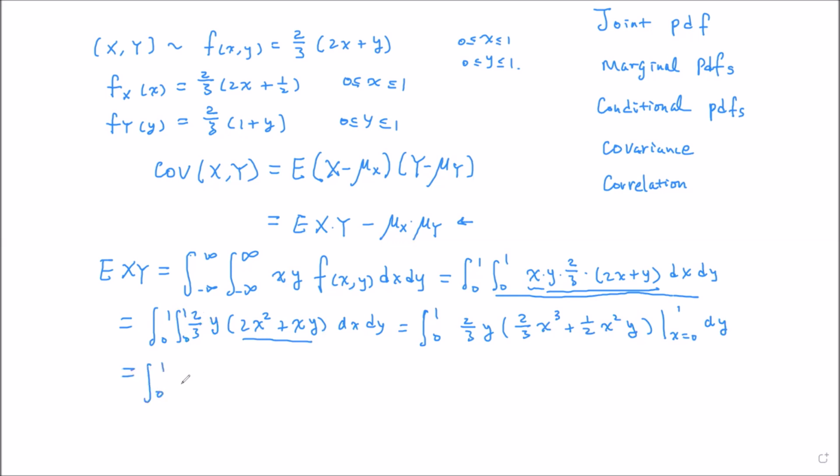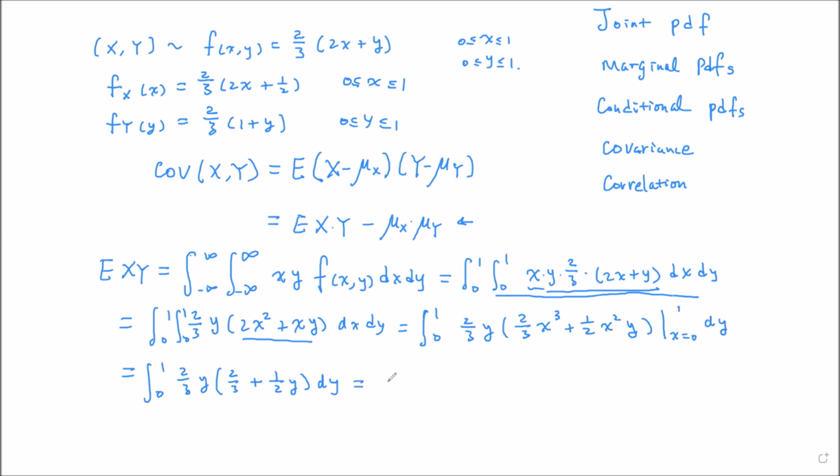Integral from 0 to 1, 2/3 times y. By plugging 1 for x, you get 2/3 plus 1/2 y, dy.